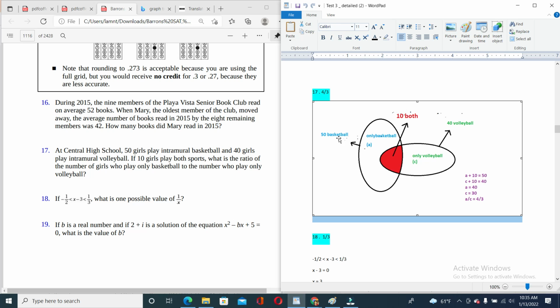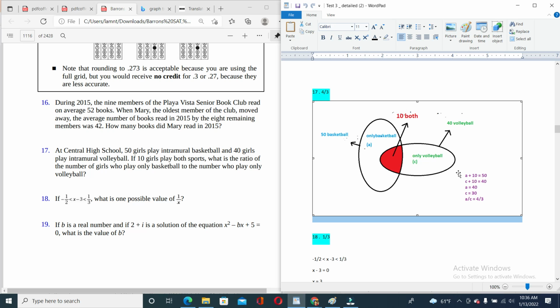So A plus 10 is equal to 50, because the girls who play only basketball and the girls who play both make up the total number of basketball players.